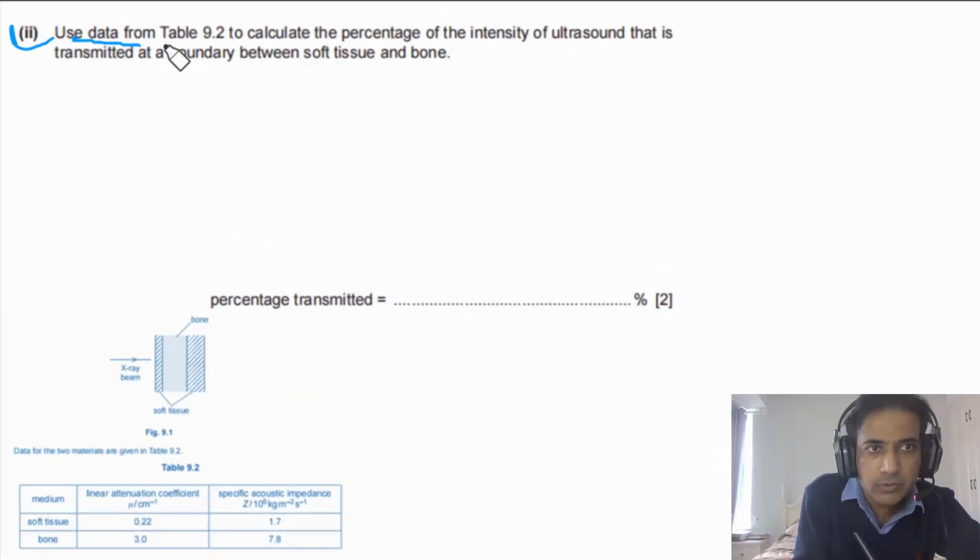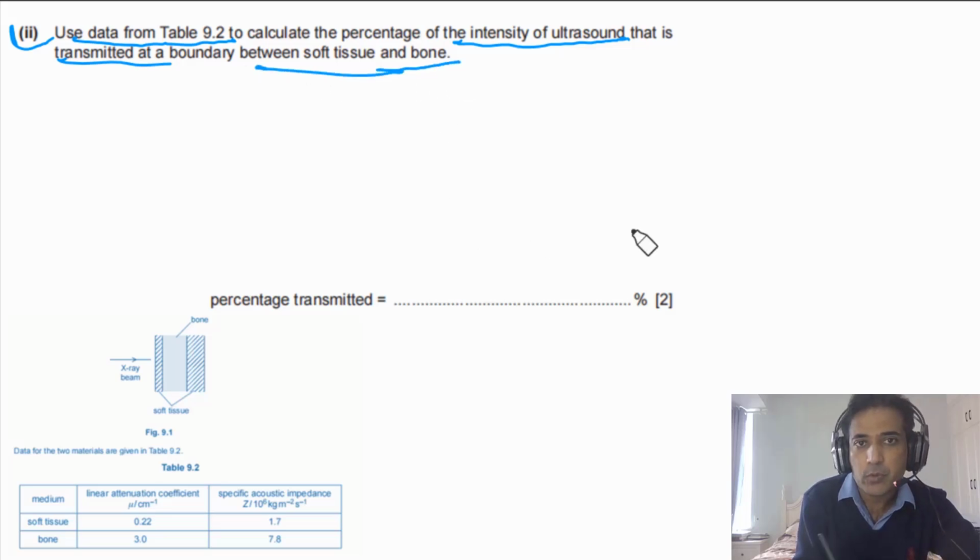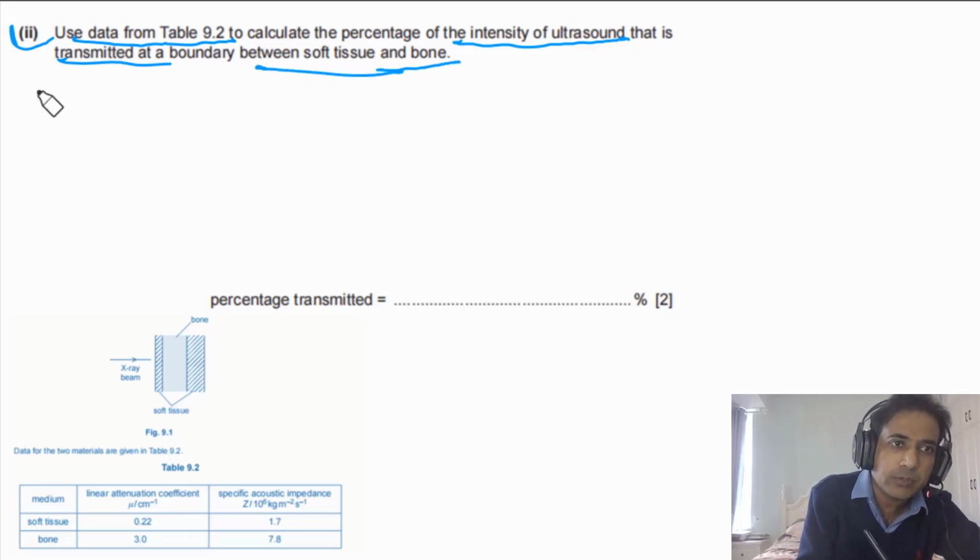The second part says use data from table 9.2 to calculate the percentage of the intensity of ultrasound that is transmitted at a boundary between soft tissue and bone. For this purpose, first of all we can draw. So this is soft tissue, and here we have the bone.